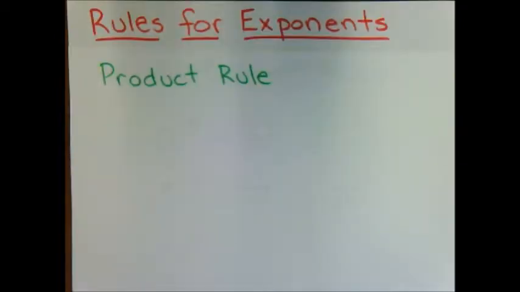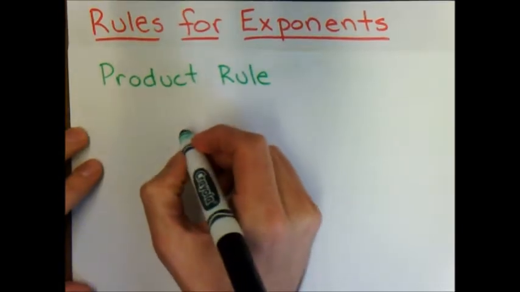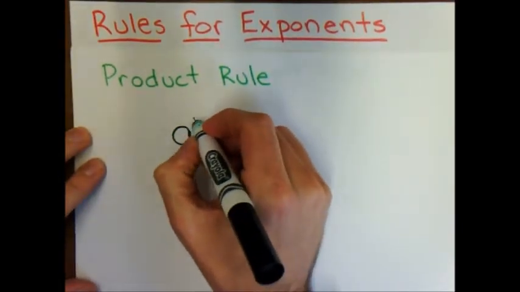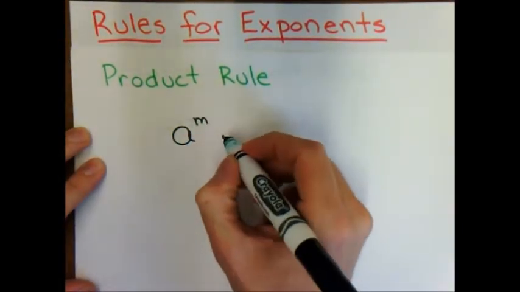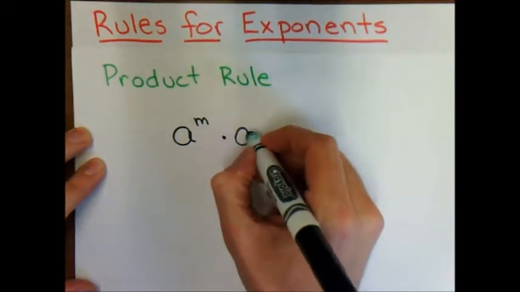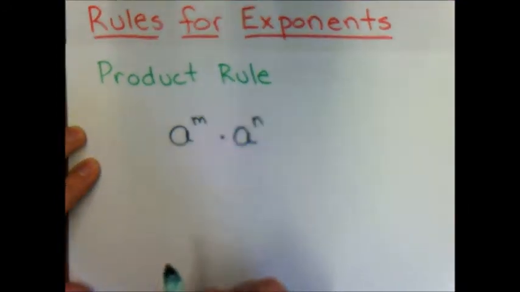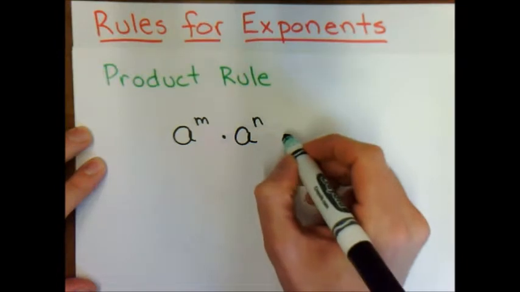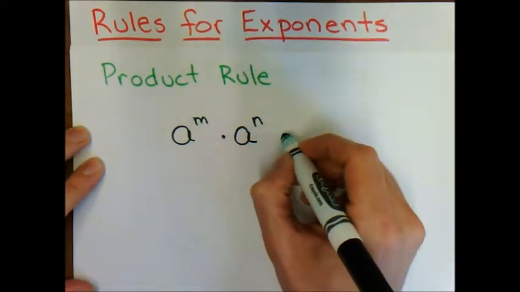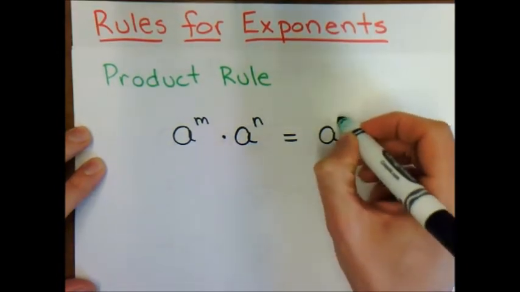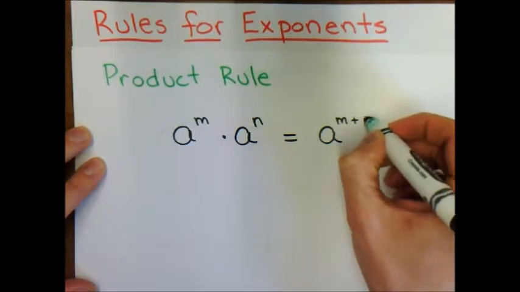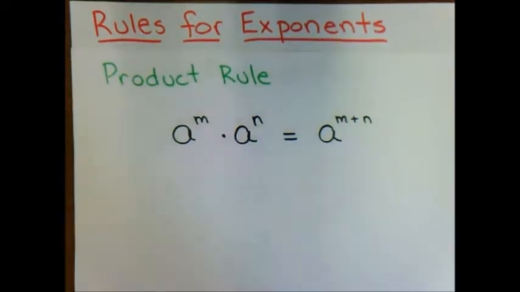The product rule for exponents says that to multiply two exponents with the same base, you keep the base and add the powers. So here we have two exponents with the same base, a to the power of m and a to the power of n. And in order to multiply those, all we have to do is keep the base and add the exponents.